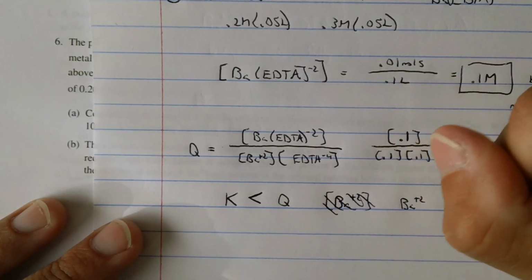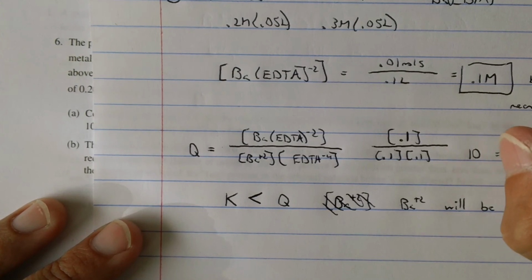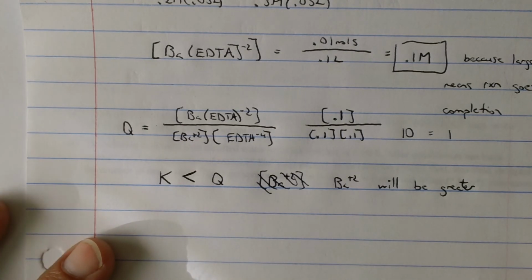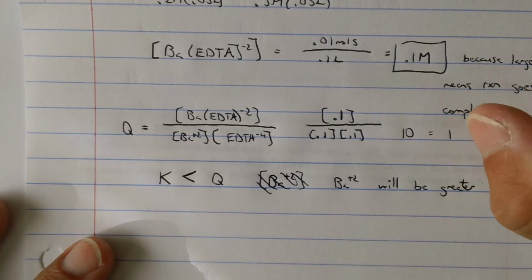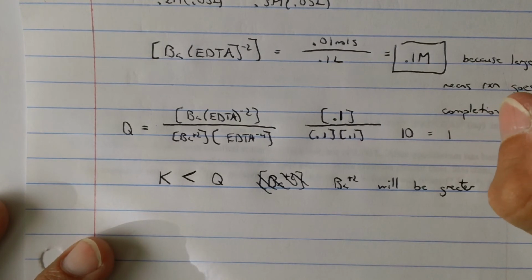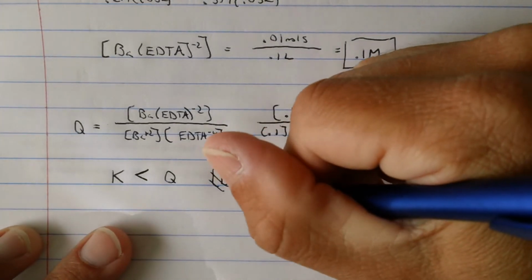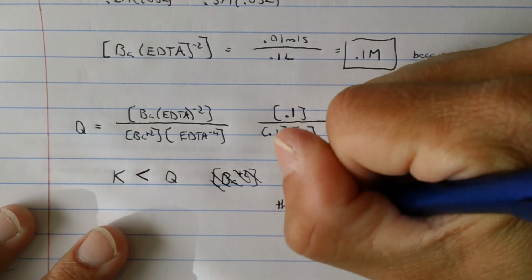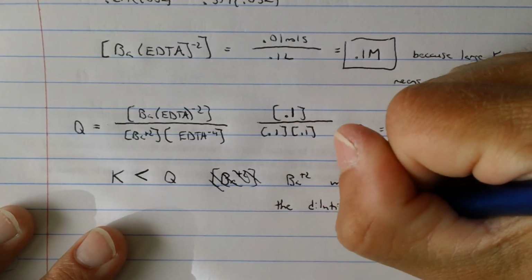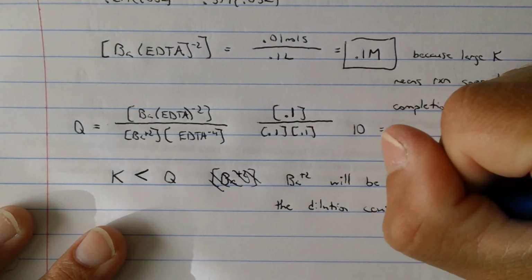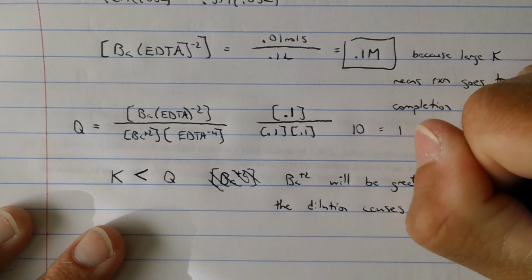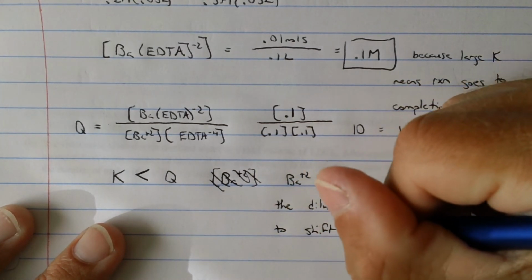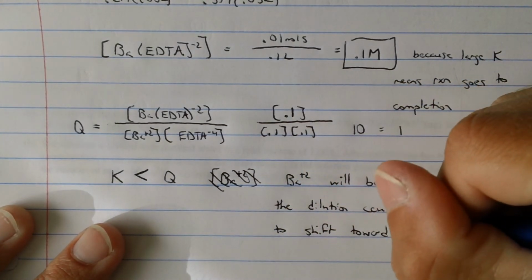Barium ions will be greater because the dilution causes equilibrium to shift toward reactants.